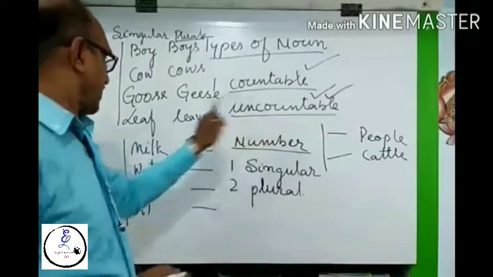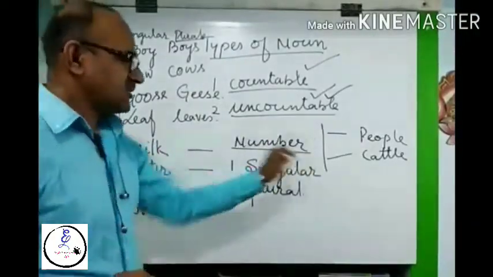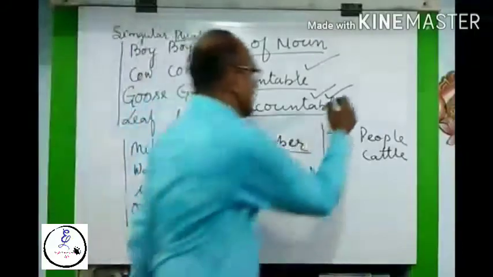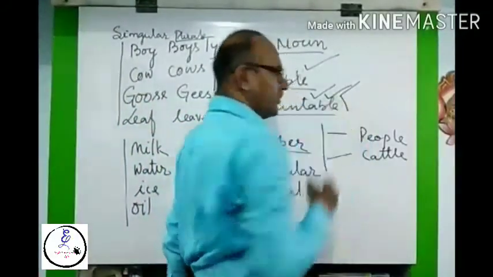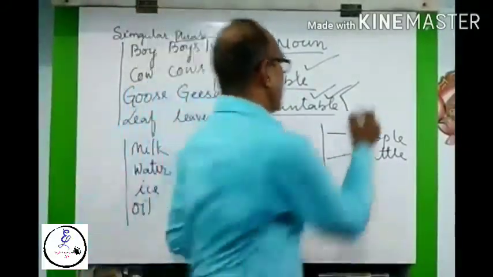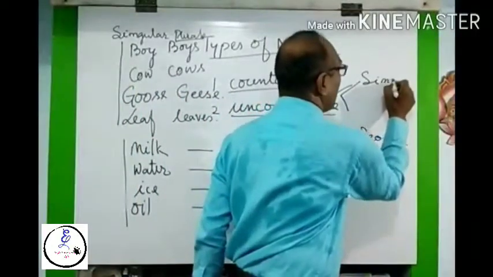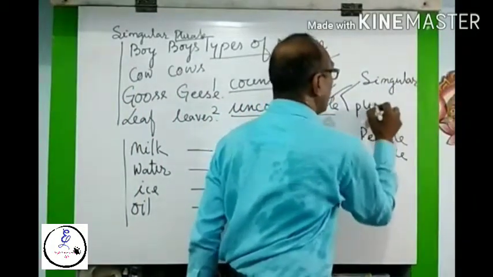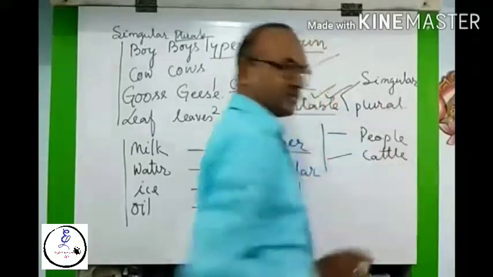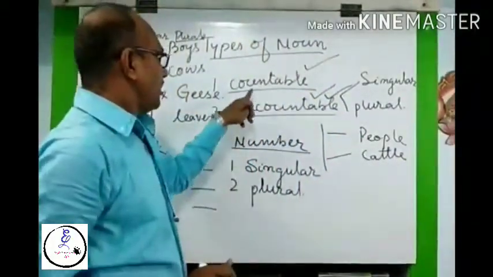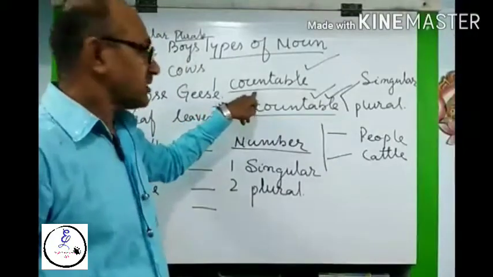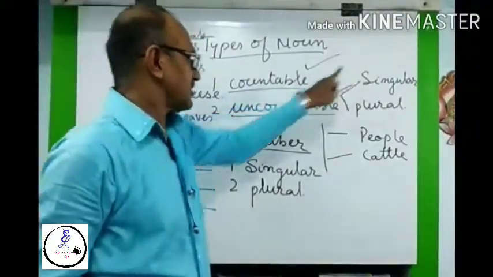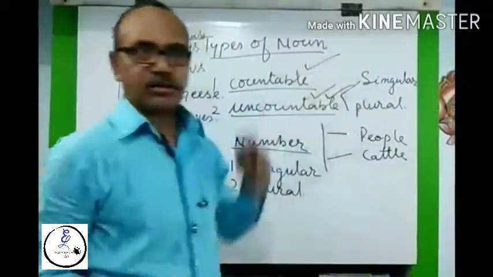But as there are two categories, they are again divided into two: uncountable singular and uncountable plural. Clear? So here we got countables, uncountable singulars, and uncountable plurals.